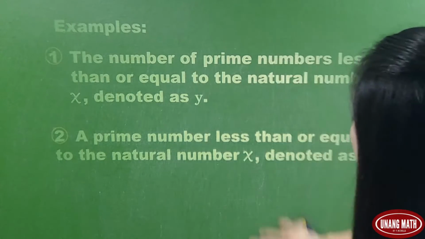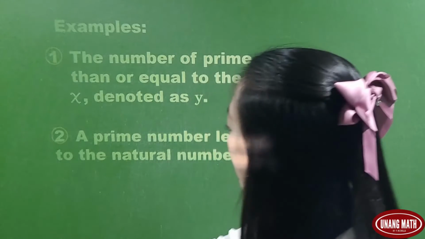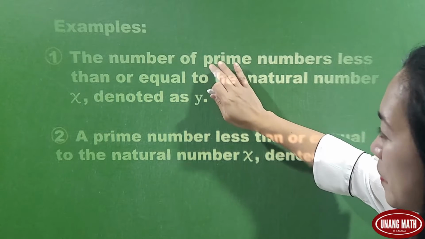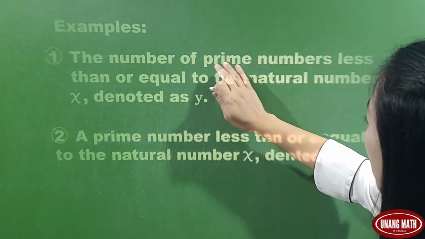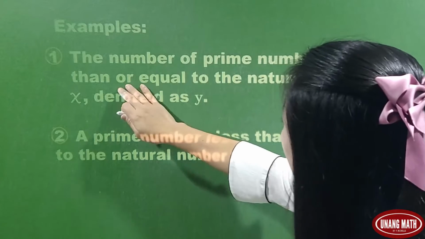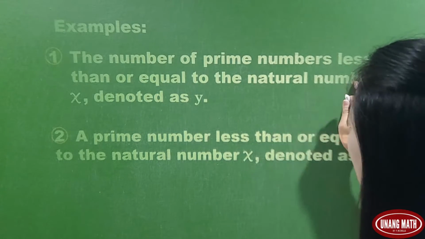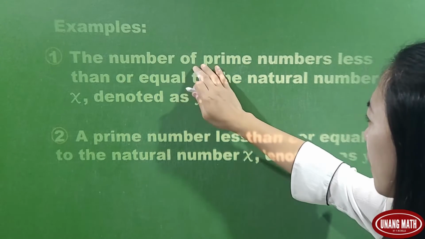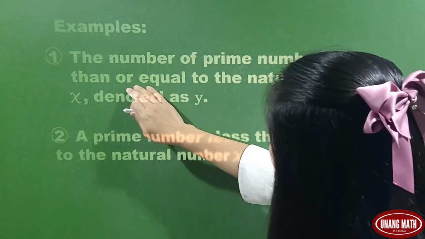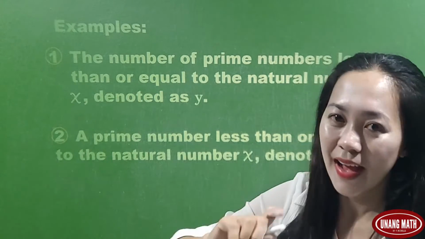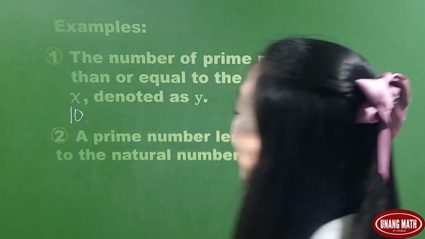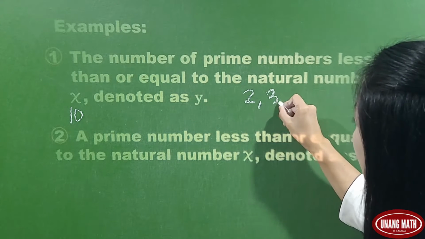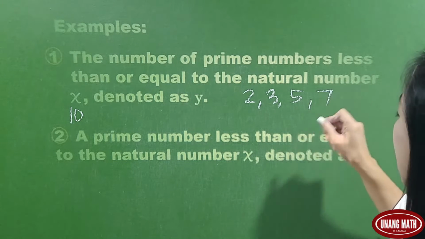What about these next examples? We will determine which among these two examples is an example of a function. Let's take a look at number 1. The number of prime numbers less than or equal to the natural number x, denoted as y. Let's say x is 10. So we have here 2, 3, 5, 7.